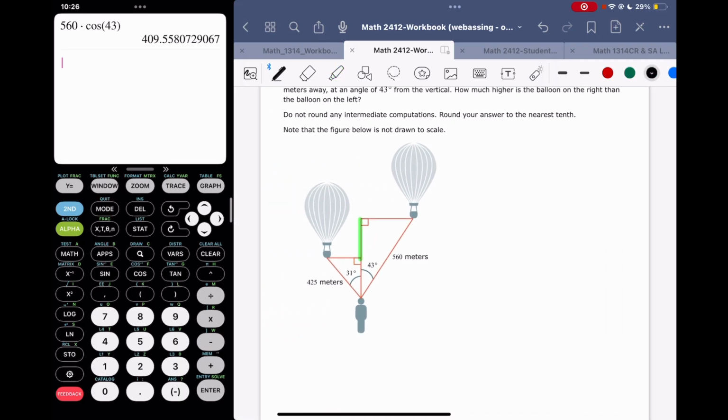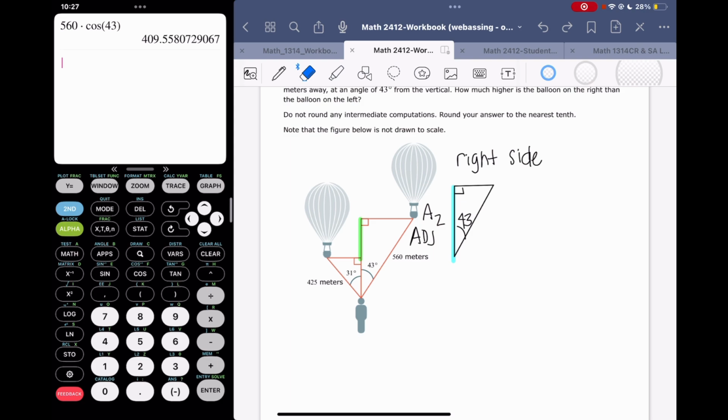So let's look at the triangle on the right. It's a right triangle, but it's upside down, where our angle is going to be 43. And I'm going to call the side that they share adjacent side 2. So this is the adjacent side, but it's A2. So let's organize this in a different way.